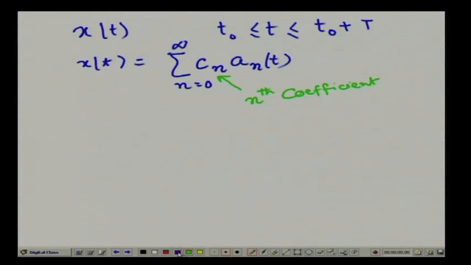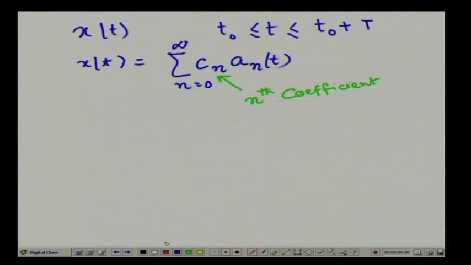Now, the problem is how do we calculate the value of C n. To calculate the value of C n, we can multiply both the left hand side and the right hand side by another function from the set of orthogonal basis functions.